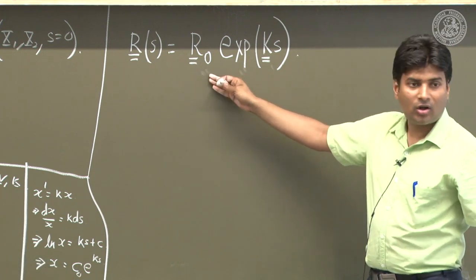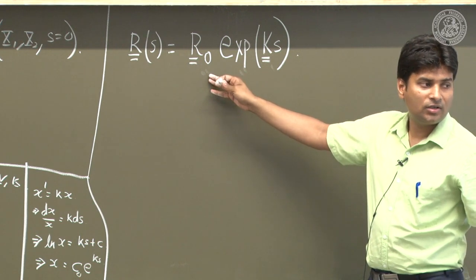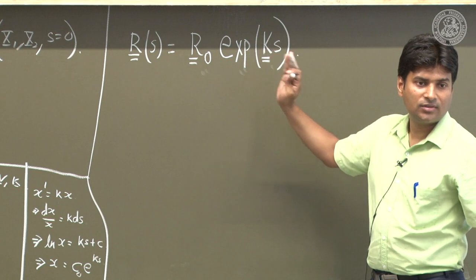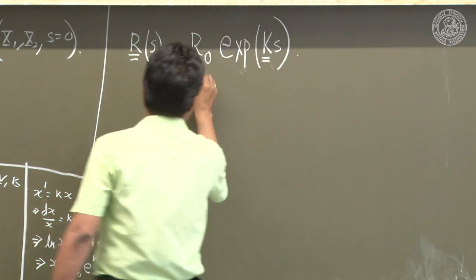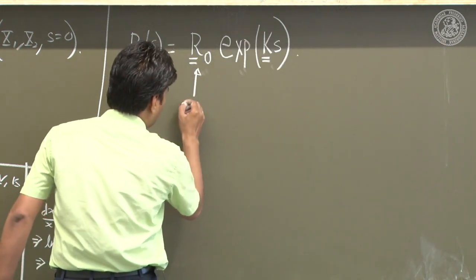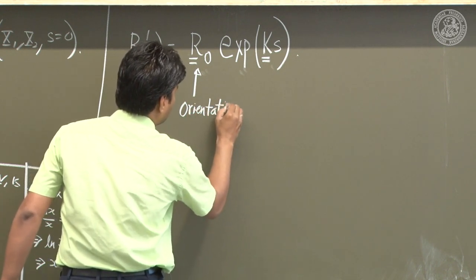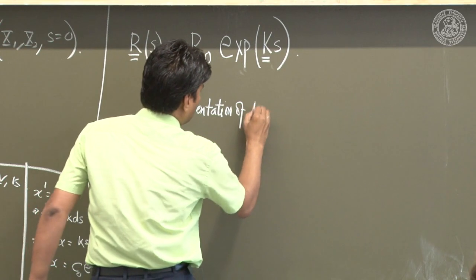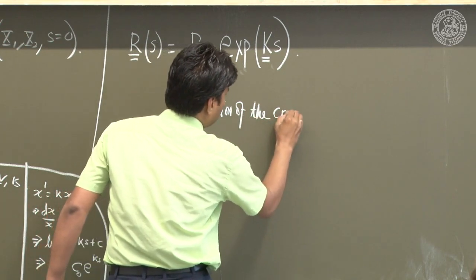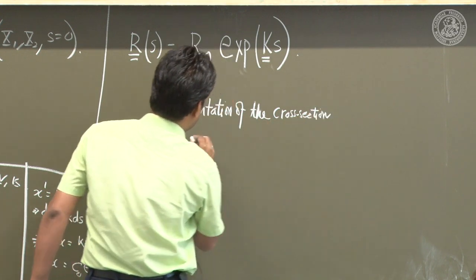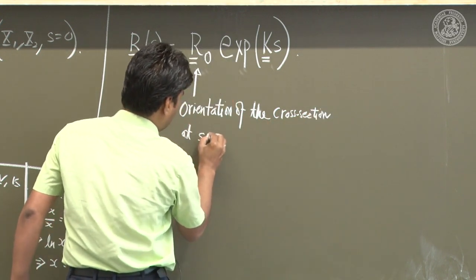So, this big R naught is the orientation of the cross section at S equal to 0. Okay. That is the orientation of the cross section at S equal to 0.